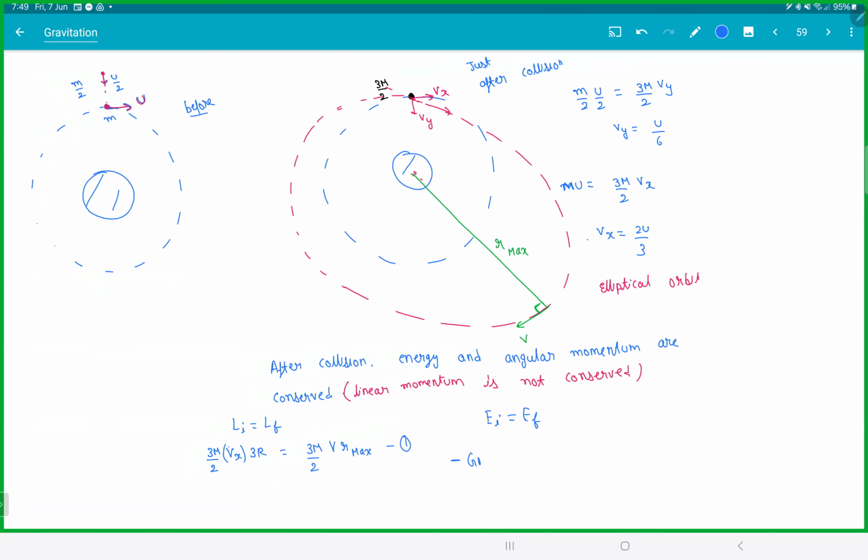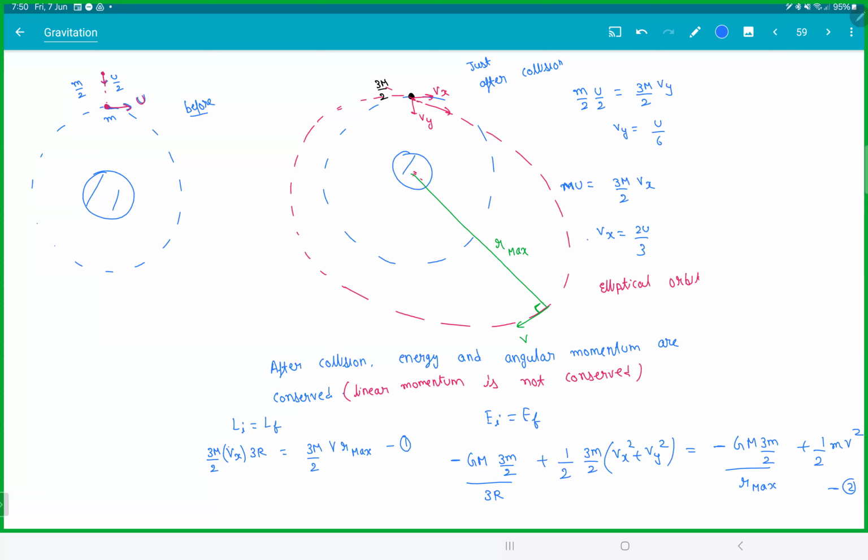So this is minus Gm, mass of the thing is 3m by 2, distance is 3r. The kinetic energy is half 3m by 2 times vx square plus vy square. Remember, both the components are there. Minus Gm 3m by 2 by r max, plus half mv square. There. Equation 1, equation 2. Can substitute and finish it off.